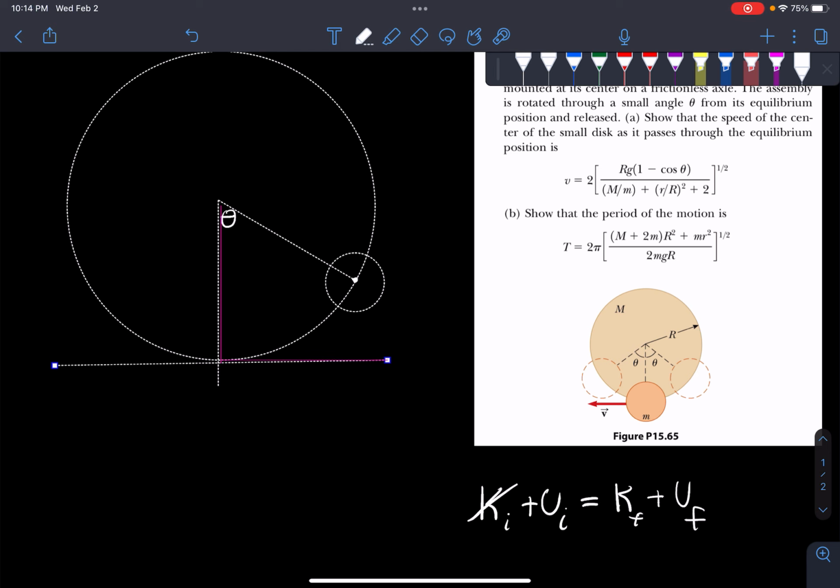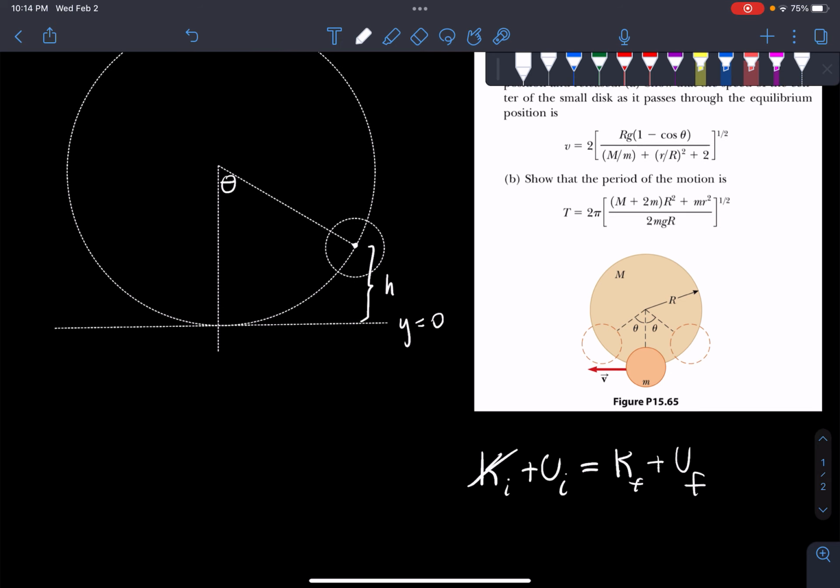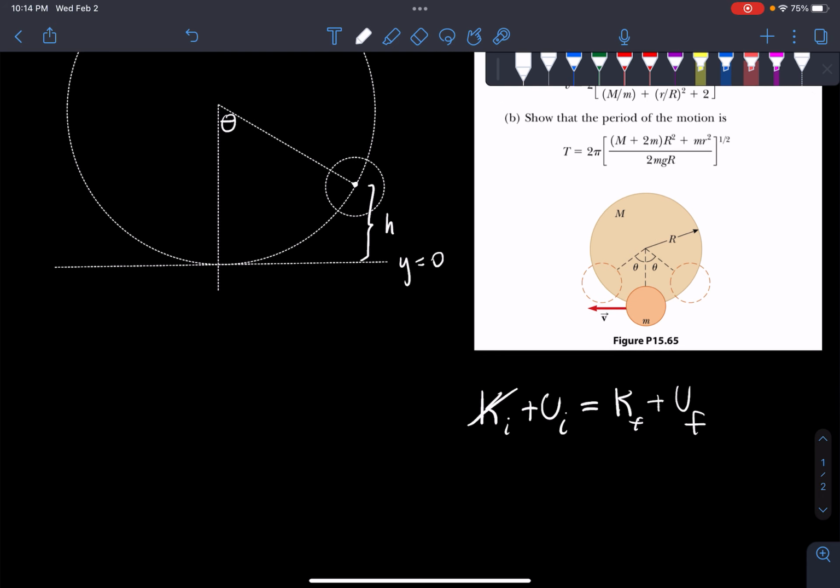So this is going to be y equal to 0, which means that this distance right here, I'll call it h, that is its distance above the reference point, so that would be the height for its gravitational potential energy.